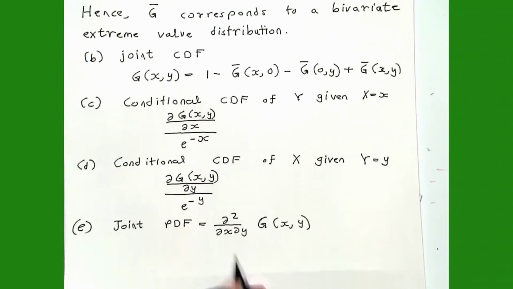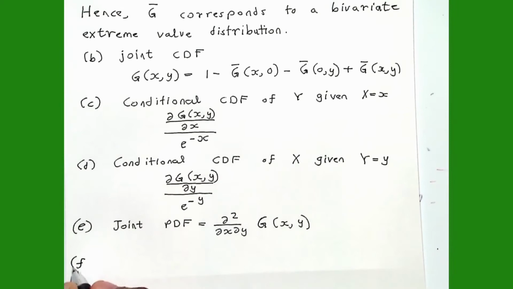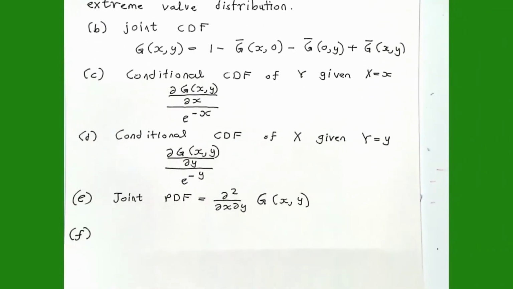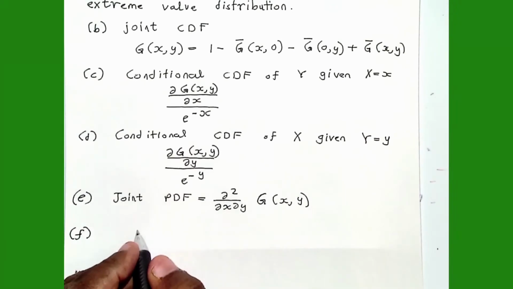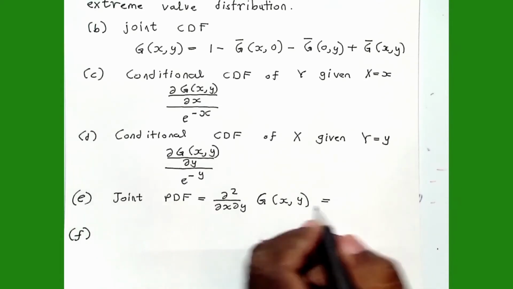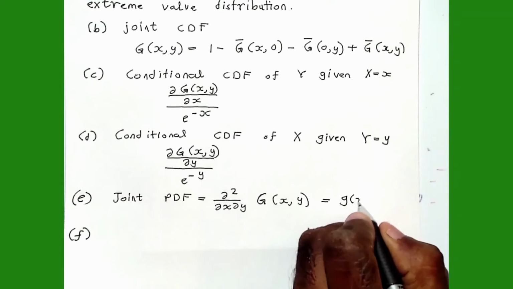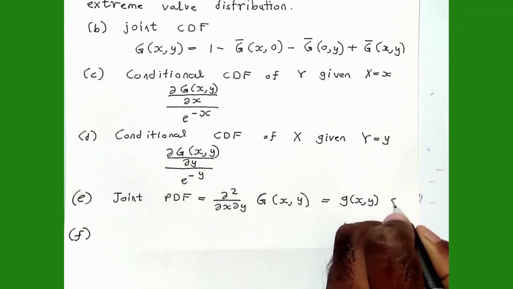All right, so use this formula. And part F, to do part F, you simply divide what you got here, right, by, so let me call this, just for notation, little g, right?